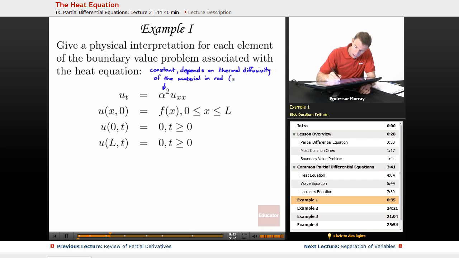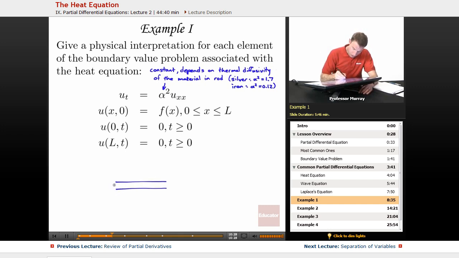For example, silver has alpha squared equal to about 1.7, whereas if it's a material with lower conductivity, then you'll have a lower value. Iron, for example, doesn't conduct heat as readily as silver does, so iron has alpha squared equal to 0.12. So you get different values of alpha depending on how conductive the material in your rod is.